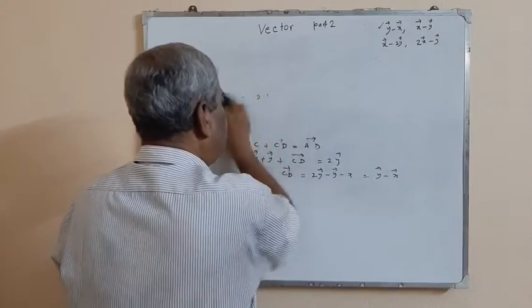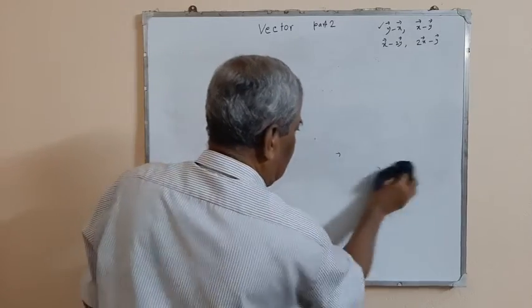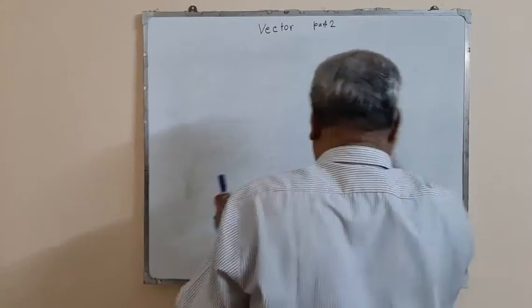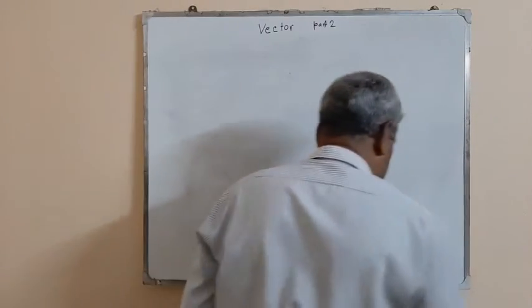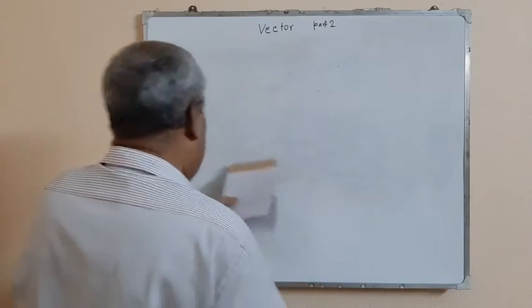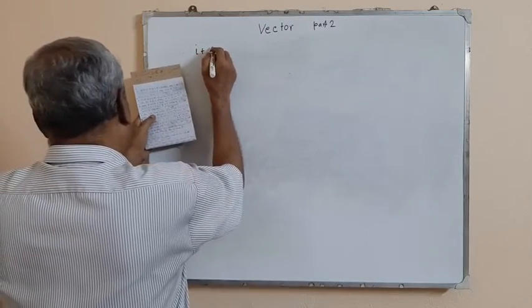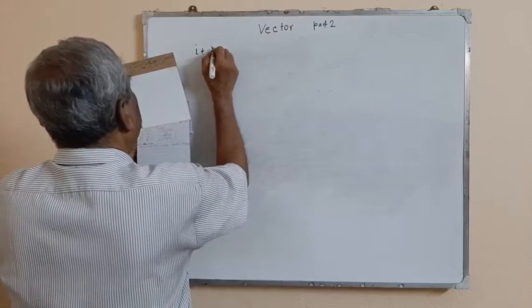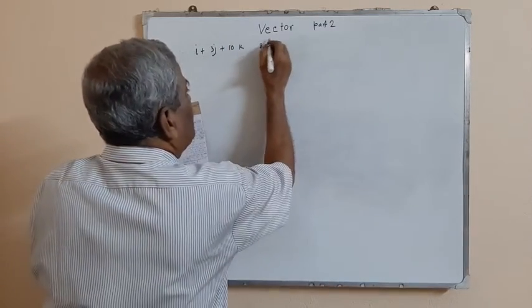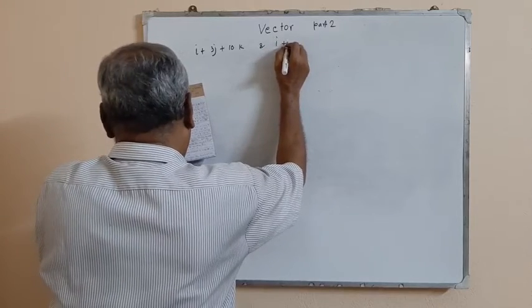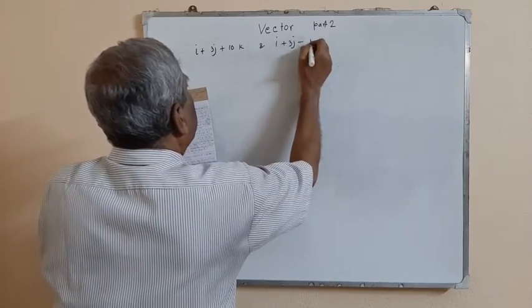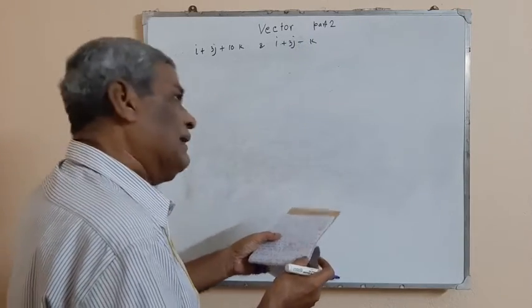Next. The angle between the vectors i plus 3j plus 10k and i plus 3j minus k.